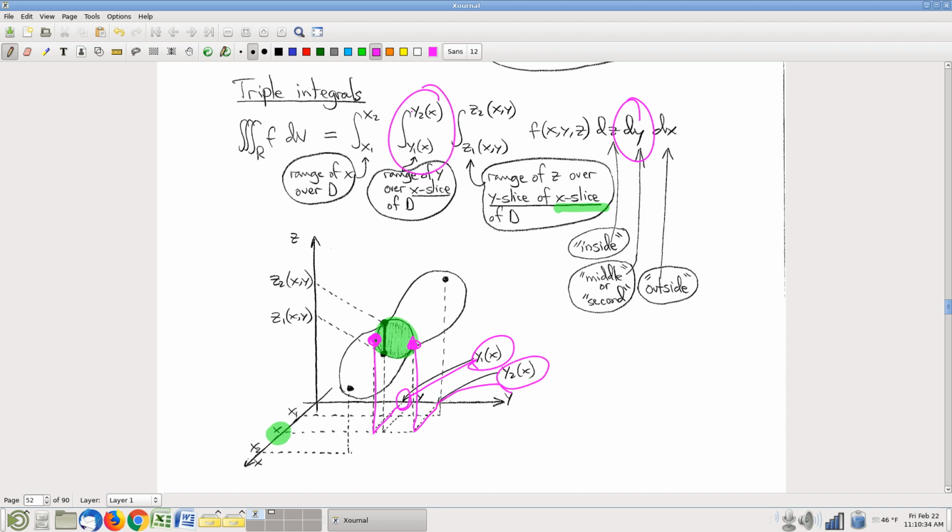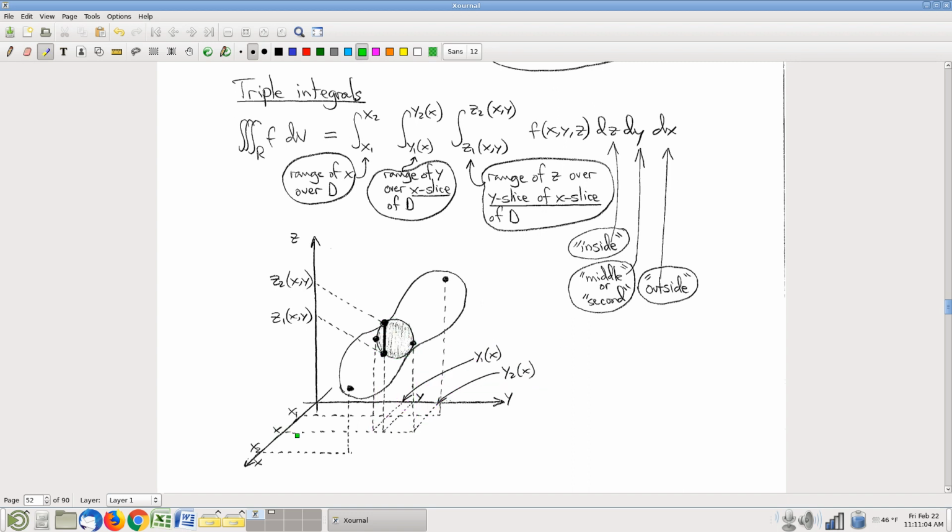That's your inside bounds. Now note, just like with double integrals, the inside bounds depend on the value of the corresponding outside variable, right? We fixed a value of x over here, thus defining the x slice, and so the y bounds depend on the x outside variable, thus functions of x. Okay, last, now we look at a y slice of our x slice.